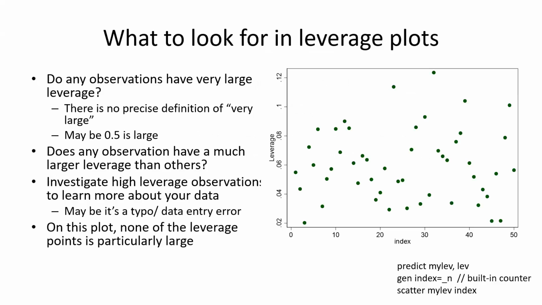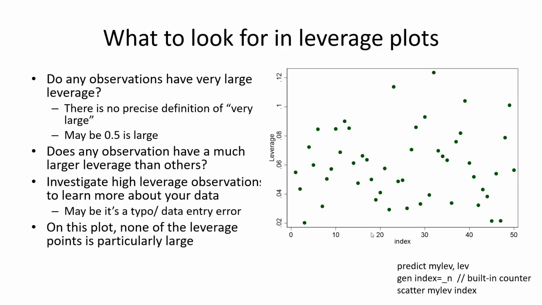Now, what does this mean for a plot? How do I interpret it in practice? What are large values? Unfortunately, again, there is no cutoff where you have to say, okay, which is larger than that, then it's high leverage. Maybe 0.5 is large. I found that value somewhere written down.